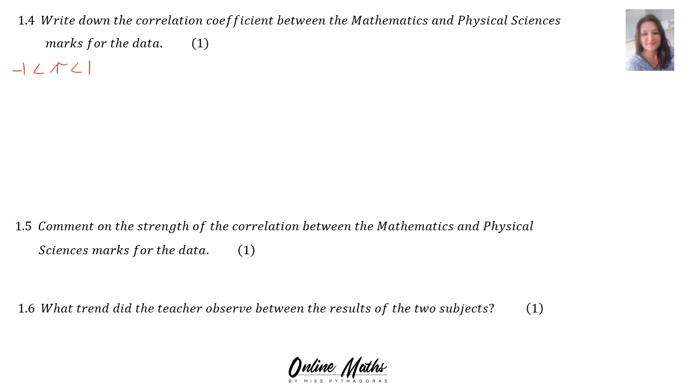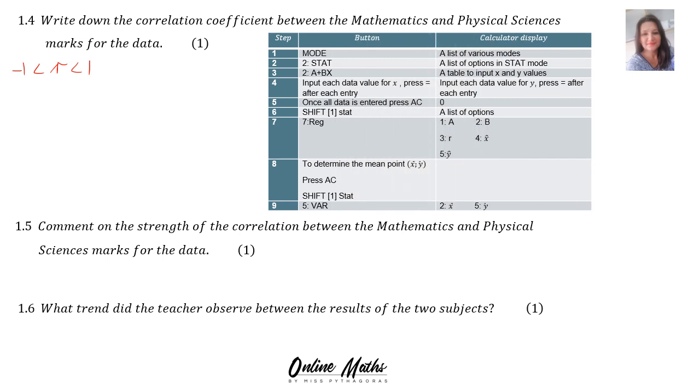And closer to -1, then it means it's a strong negative correlation. All right, so what you need is, again, your values are stored in your calculator. So then you just press AC, shift 1, stat 7 regression, and then you choose number 3, R, and then your correlation will be 0.95. And that's worth 1 mark.